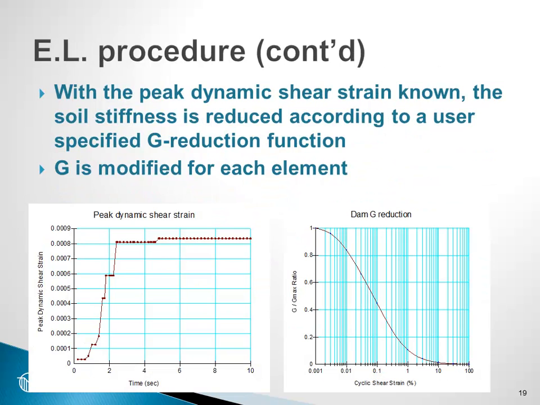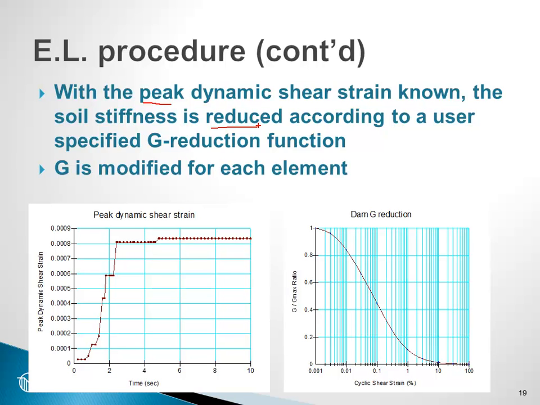So with the peak known, the soil stiffness is reduced according to a user-specified G reduction function. And so G, or the soil stiffness, is modified for each element.